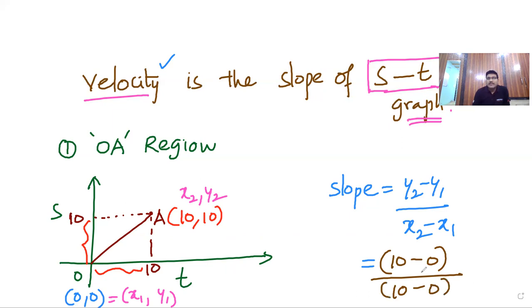So 10 by 10 minus 0, which is 10 by 10, which is simply 1. Okay, slope is 1. And that slope is nothing but velocity.